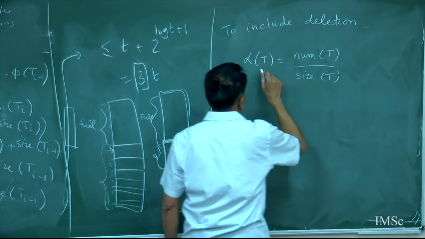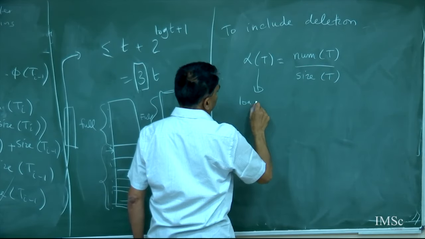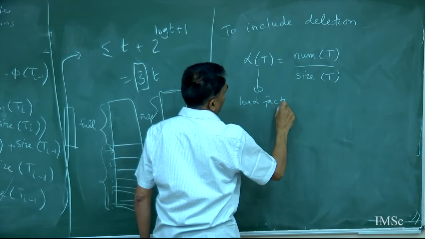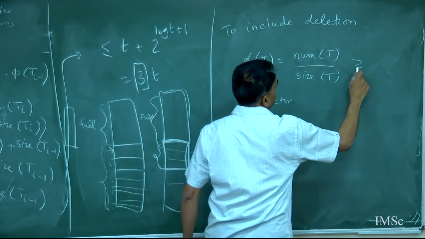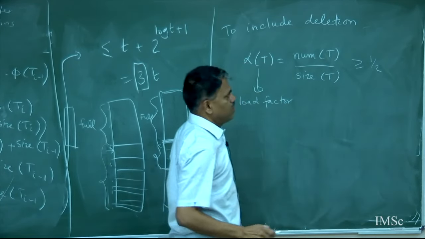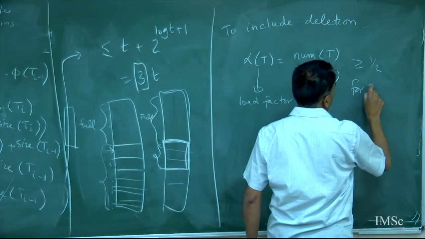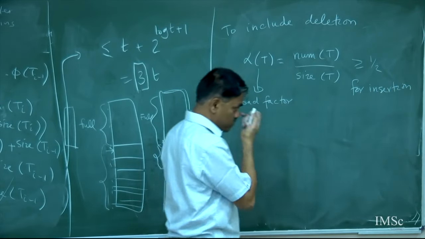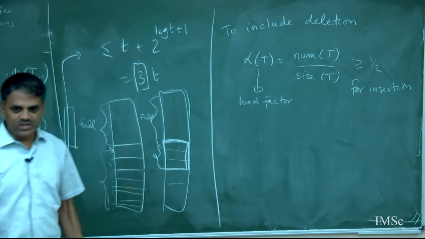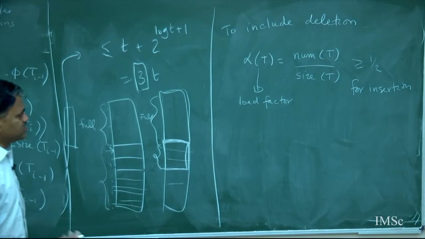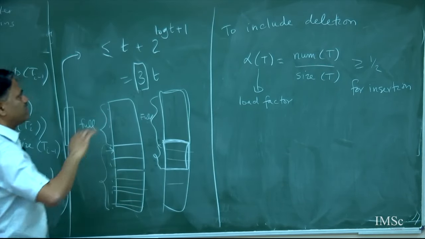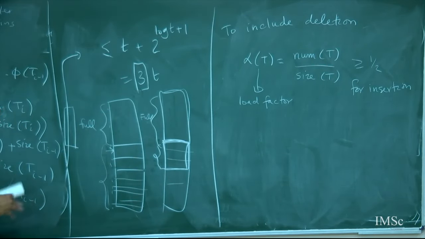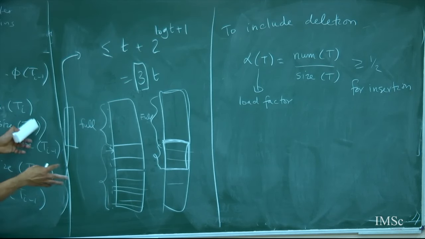This is called the load factor. Just to avoid wastage of space, we maintain this during insertion, and even with that kind of a constraint, some insertions are harder, but overall the amortized cost is constant.